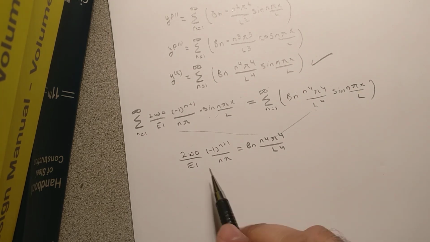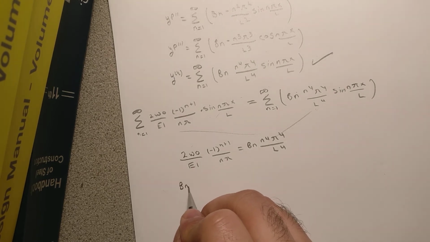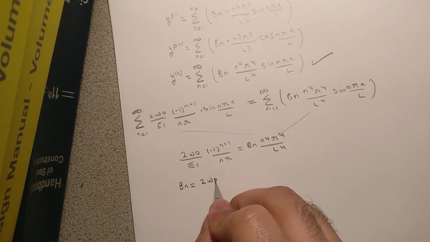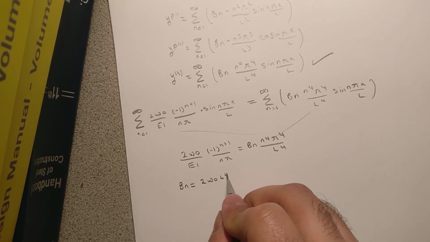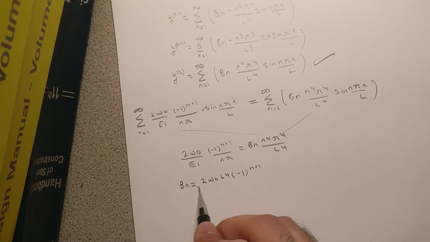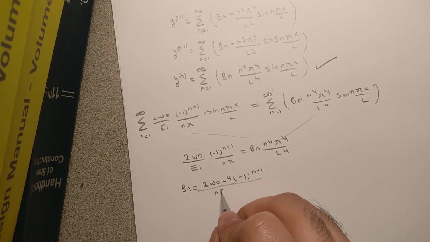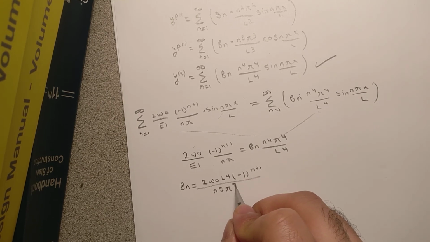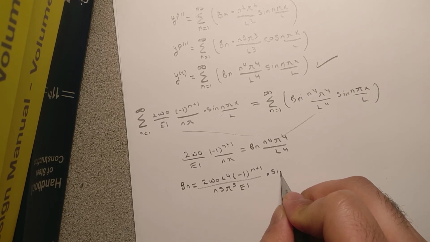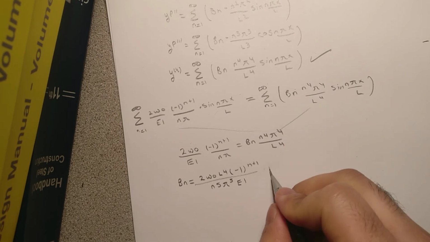So if you equate both sides, you're going to get a final solution of Bn equals 2W naught L to the 4 negative 1 to the n plus 1 divided by n to the 5th power pi to the 5th power EI, right? And that's going to be your Bn.